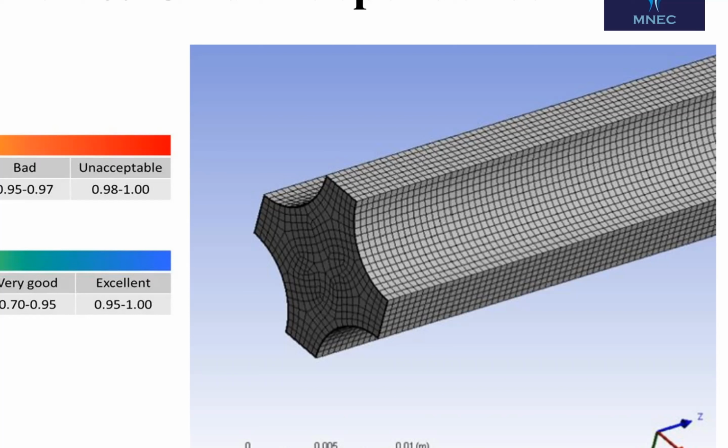And then you take some of the global parameters like the pressure drop, the mass flow rate, or the outlet temperature. From that experimental setup, you can measure pressure drop, mass flow rate, or outlet temperature.